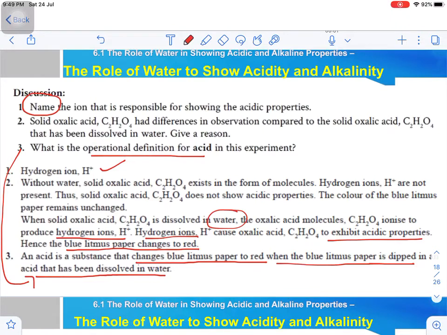Blue litmus paper turns red: this is what you observe. Blue litmus paper is dipped in acid that has been dissolved in water: this is what you do. So that is called the operational definition.